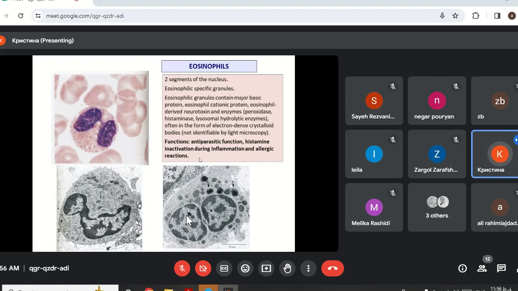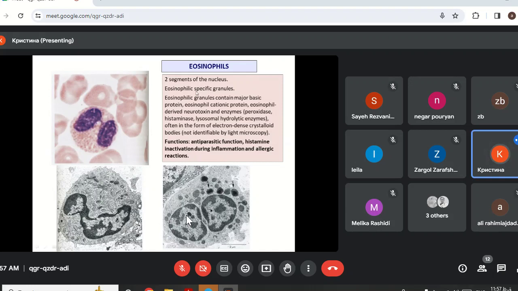Antiparasitic means against unicellular parasites, such as amoeba and infusoria, and multicellular parasites, such as worms. The second function is histamine inactivation during inflammation and allergic reactions. Histamine is released by basophils, but eosinophils break histamine down during these reactions.